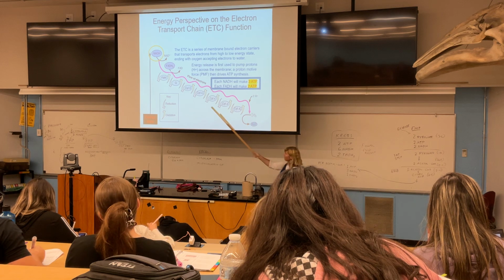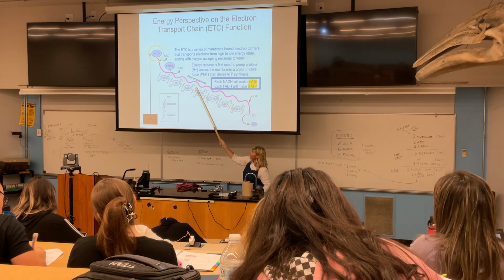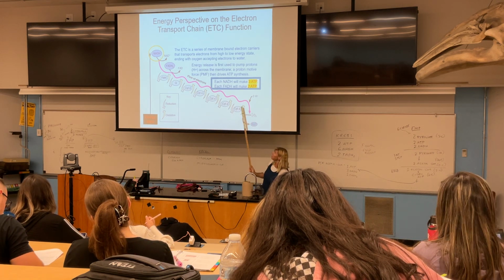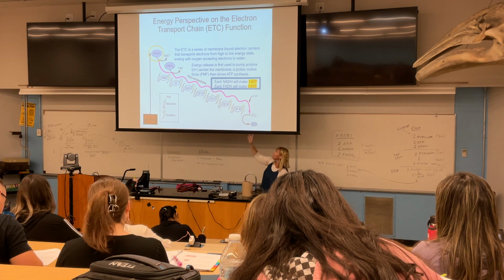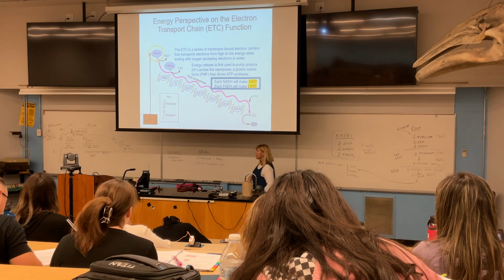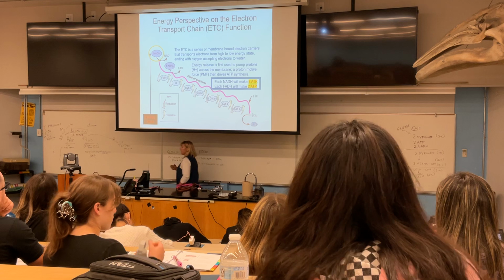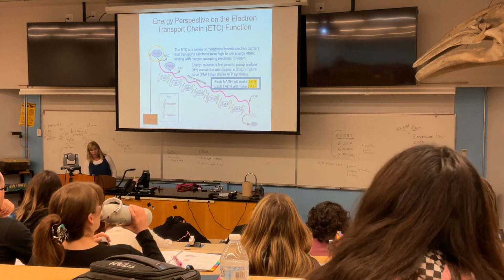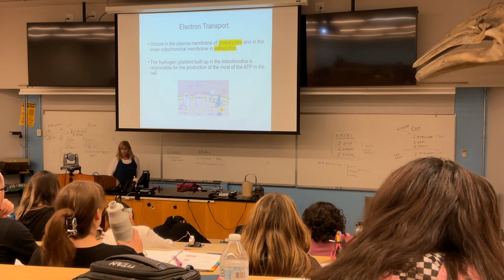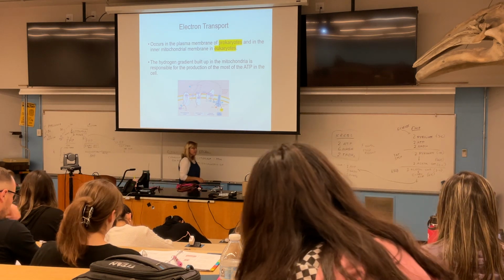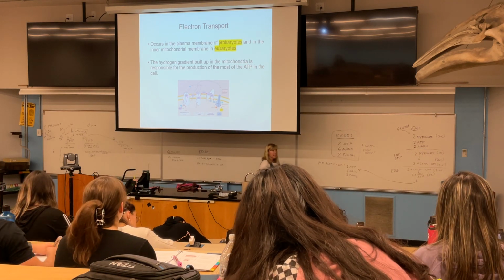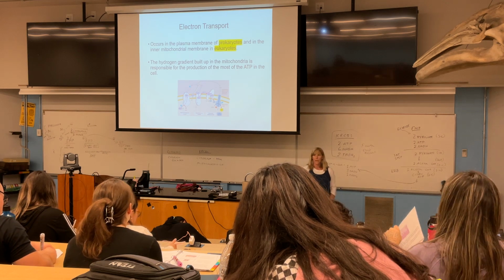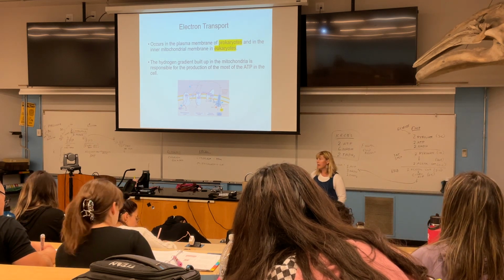Now, when I drop off my electrons, again, it's a game of hot potato. They get passed from acceptor to acceptor until they get down to the bad boy of oxygen, who's at the very bottom, who is ready to grab them. So again, I need these guys to pull that layer towards them. Now again, as I said, this is going to happen in the plasma membrane for our prokaryotes.